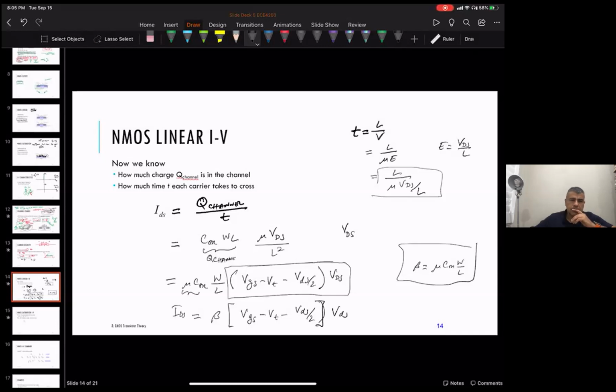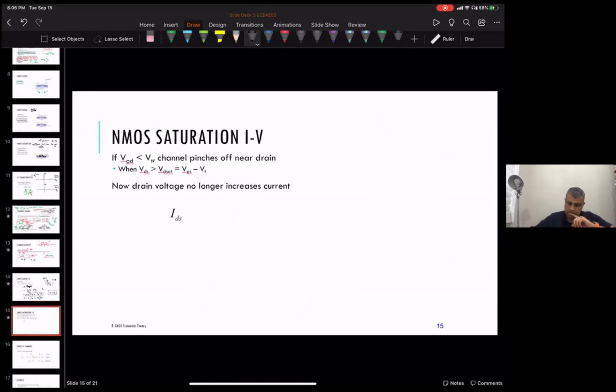Some things don't seem quite right here, but I'll see if I need to troubleshoot this in real time. Let's go to the next one. I'll double check this after the lecture to make sure we didn't miss anything. But now let's look at what happens in saturation.